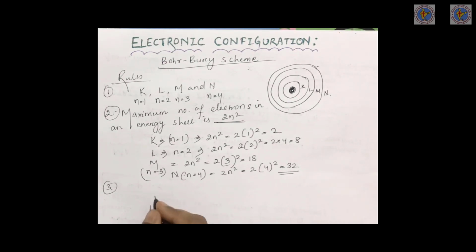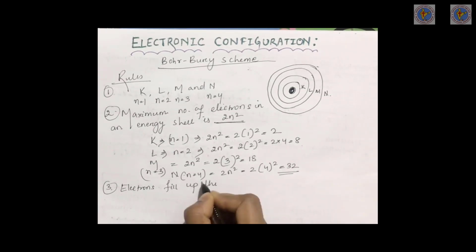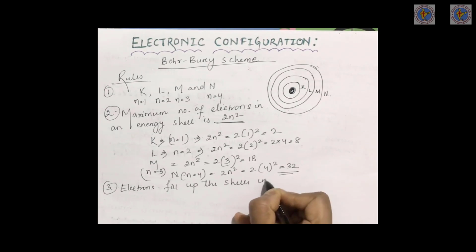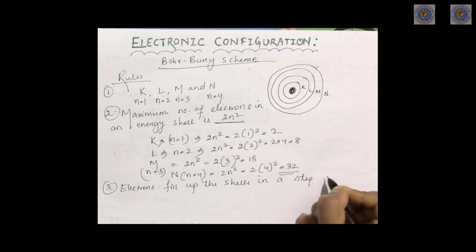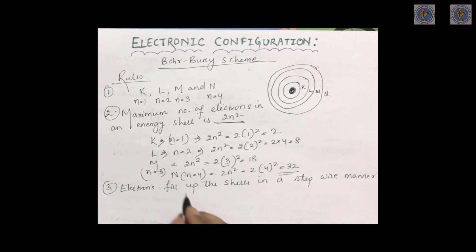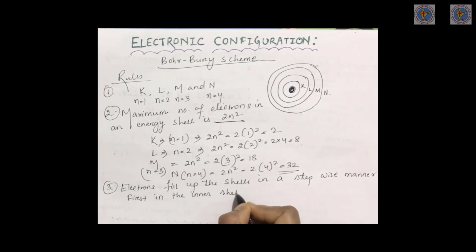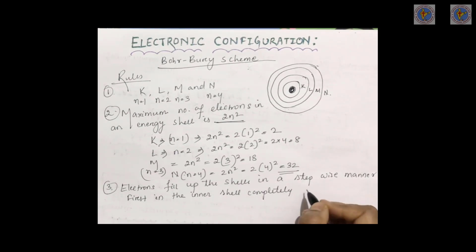So electrons fill up the shells in a stepwise manner, first in the inner shell completely, and then occupy the next shell.